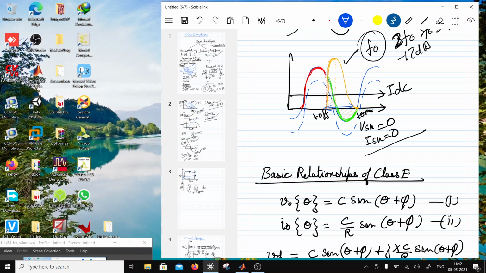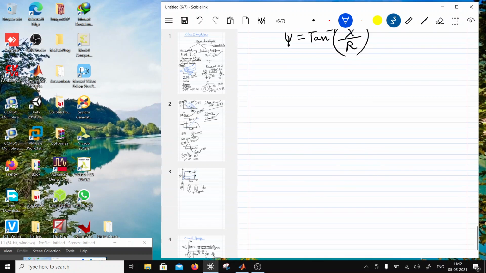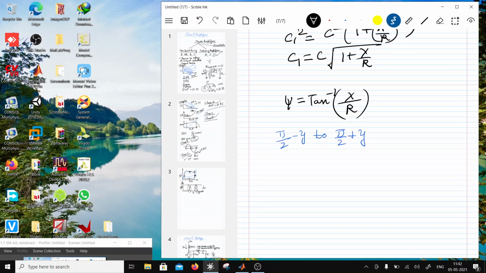I'm going to say that this off part is going to be twice of y, and this is centered around, let's say, a phase of pi by 2, right? So pi by 2 minus y, I'm turning it off. So basically the off is between pi by 2 minus y to pi by 2 plus y. So this is the off state, right?